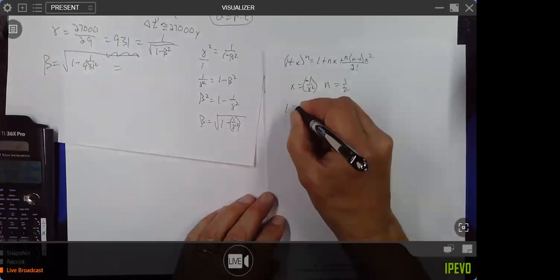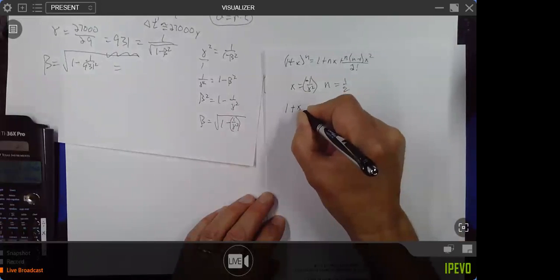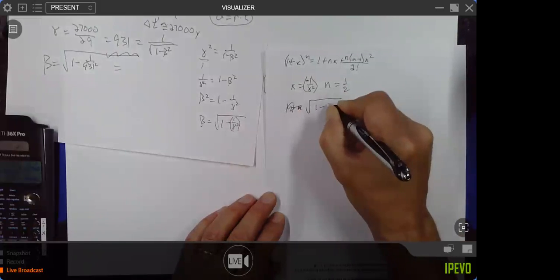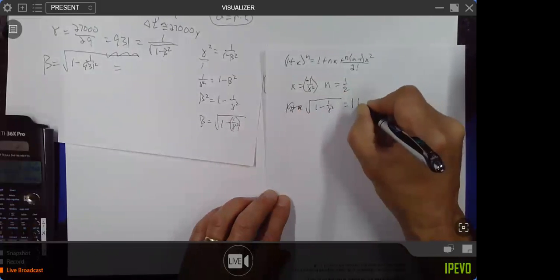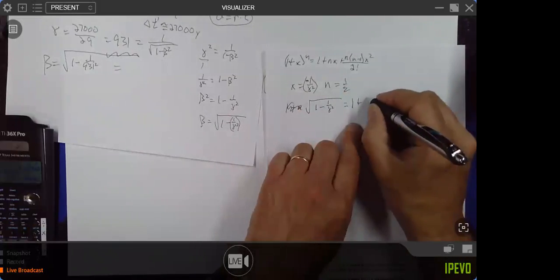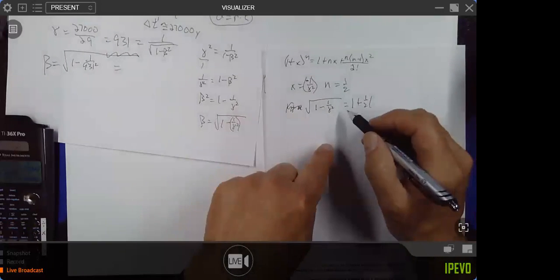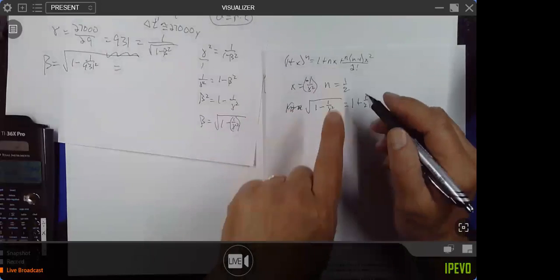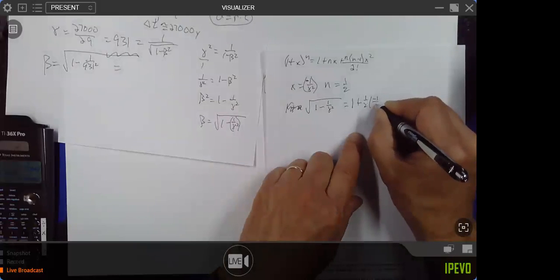So for our series expansion, we'll have the square root of 1 minus 1 over gamma squared is going to equal 1 plus n, which is 1/2, times x on this first term, minus 1 over gamma squared.